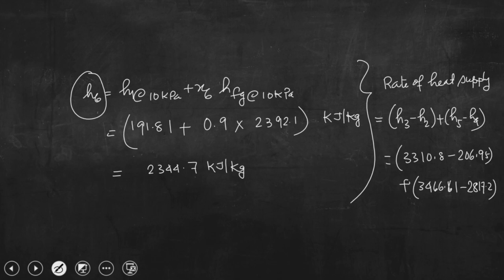The unit should be kilojoule per kg. So, this is per unit mass flow rate of the working substance, that is the rate of heat supply. This is one part, and another part is thermal efficiency.